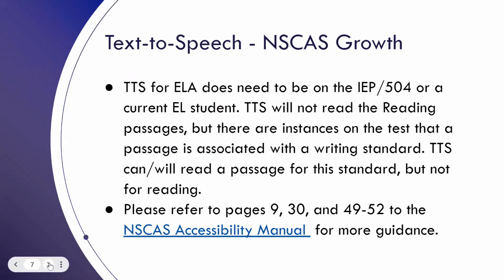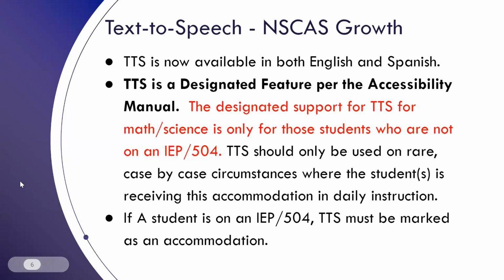Can I ask a follow-up question? Sure. So if we have a student who needs text to speech as a designation, but they do not have an IEP or 504 for either math or science. It's in the accessibility manual, and it tells us how to get them that feature, and how they qualify for it.